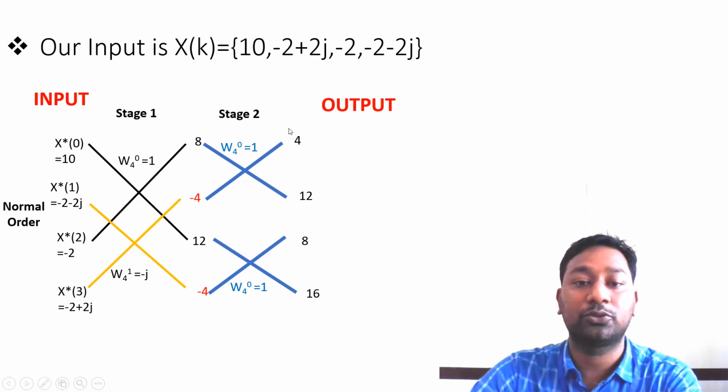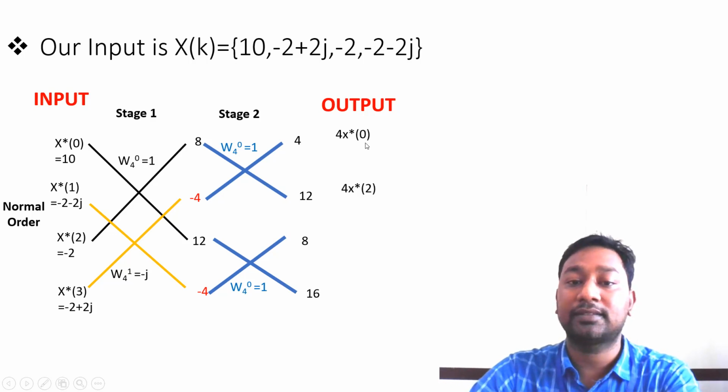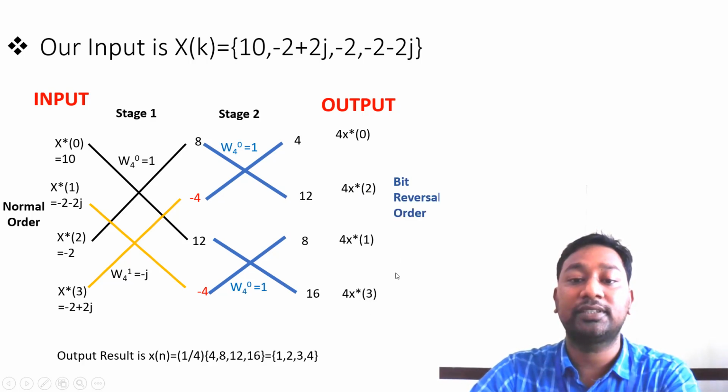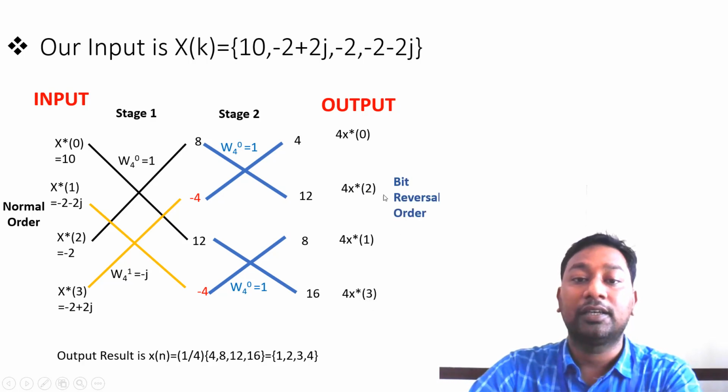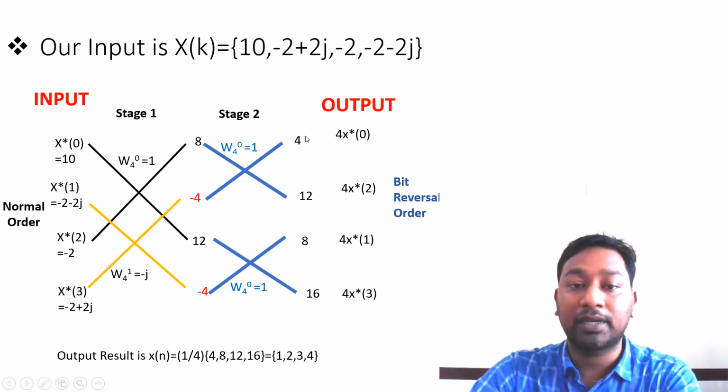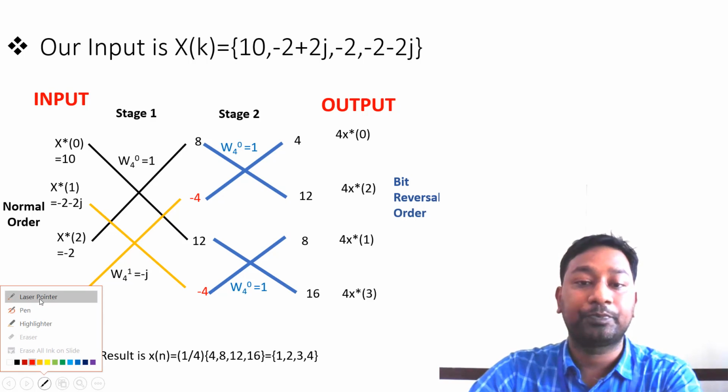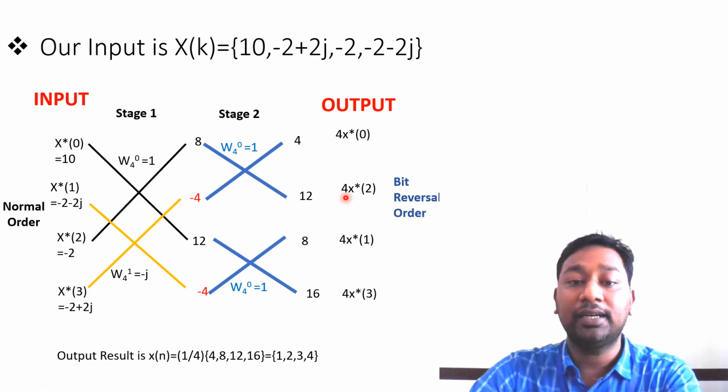The output of stage 2 is 4x conjugate 0, 4x conjugate 2, 4x conjugate 1 and 4x conjugate 3, so the output is in bit reversal order. The output is complex conjugate, but here all the values are real, so we need not change the values to complex conjugate because there is no complex form.